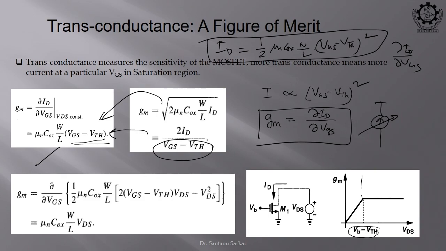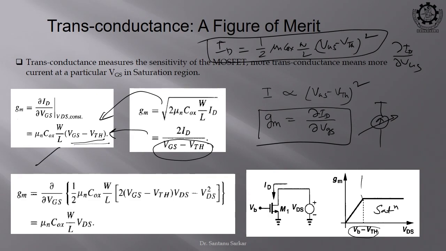The moment the transistor enters saturation, your current expression is VGS minus VTH whole square. There is no dependency on VDS. So, GM will become constant. We are considering the ideal expression. In the ideal expression, when will the transistor enter the saturation region?